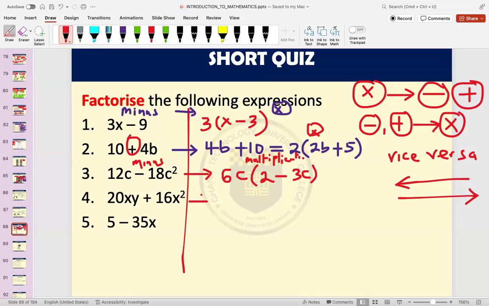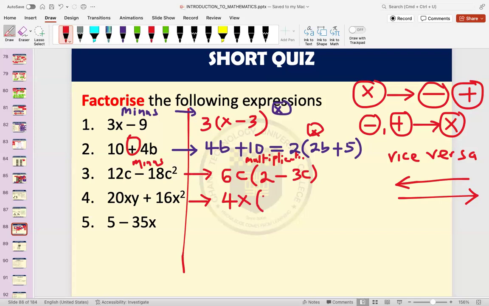So then let's look at the fourth one. 20xy plus 16x squared. What number is common to 20 and 16? 4 is common to them. X squared, so x is also common here. Let's look at the rest that will be left within the bracket.